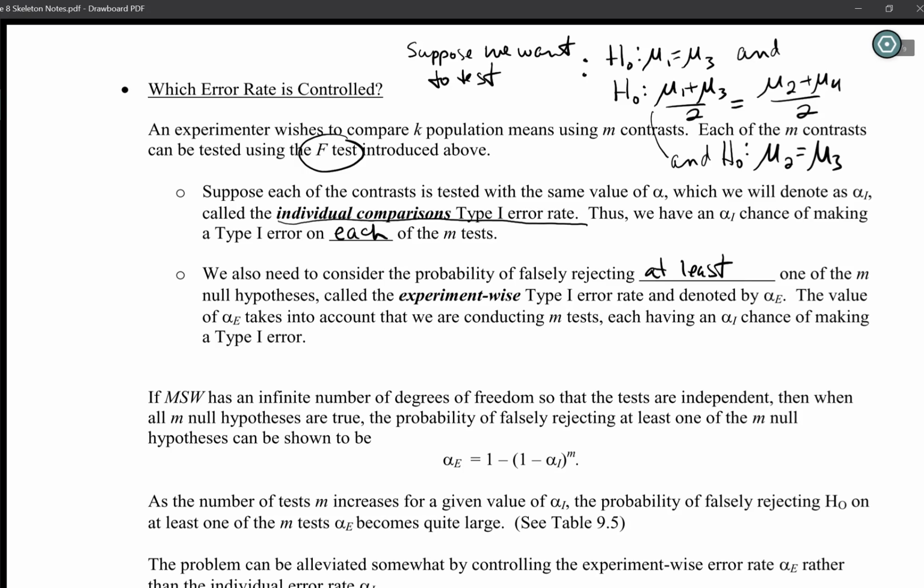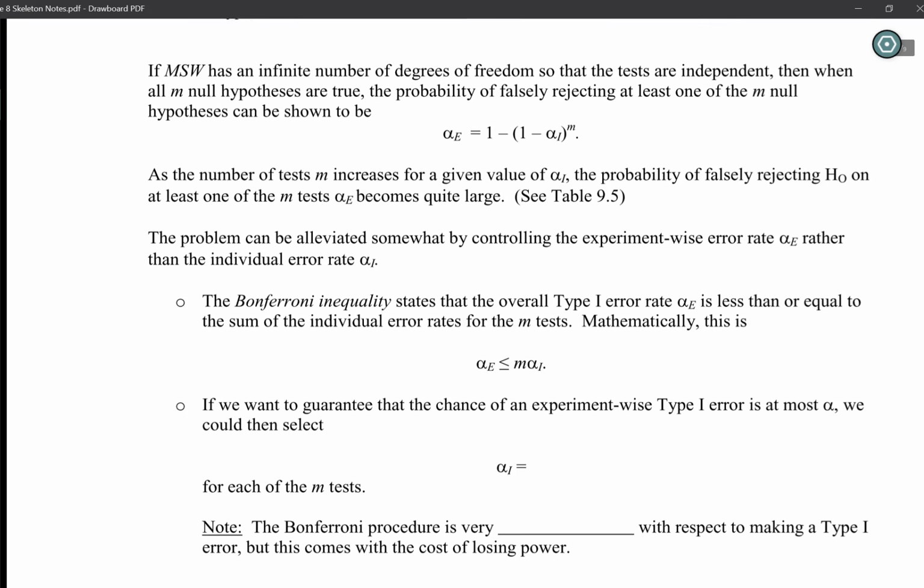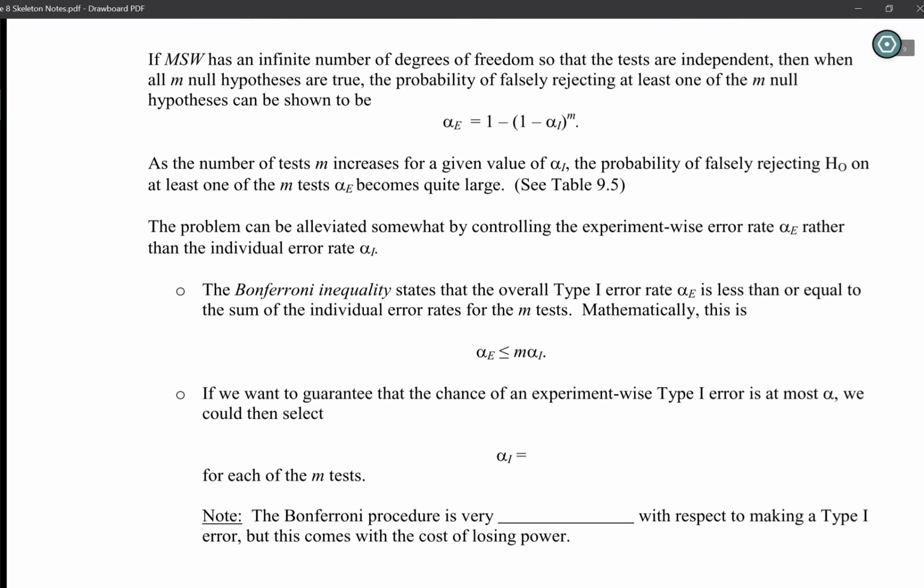Now it turns out that if MSW has infinite degrees of freedom so that the tests are independent, this is actually fictitious, it's a place where we're really not ever going to be in this class. But if that was the case, then there's this relationship between alpha E and alpha I, and it's given by this mathematical expression here.